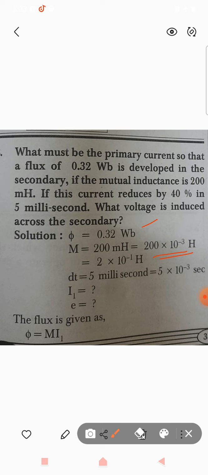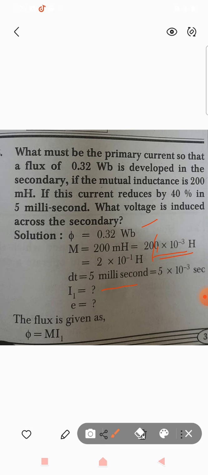So 200 into 10 raised to minus 3 henry. Two zeros will get cancelled and we are getting 2 into 10 power minus 1 henry. Again here dt, time, is given. Time is not in terms of seconds, it is in milliseconds. So dt is equal to 5 millisecond, which means 5 into 10 power minus 3 second.